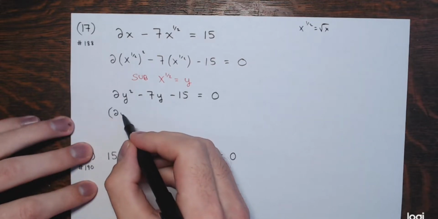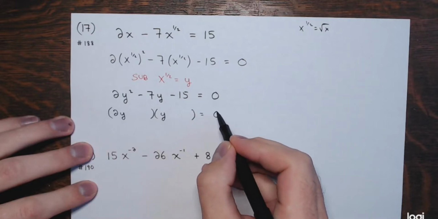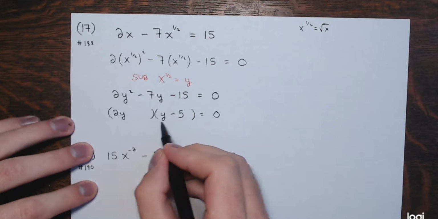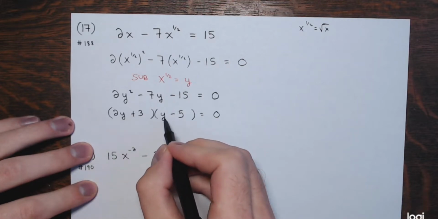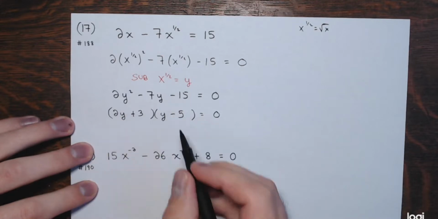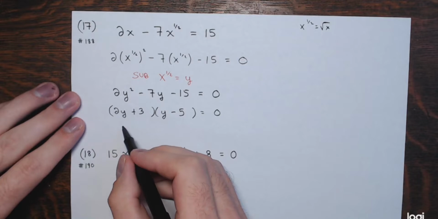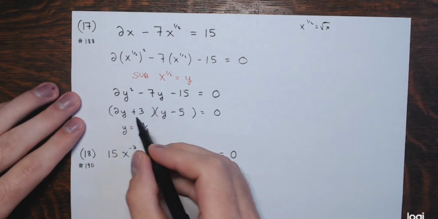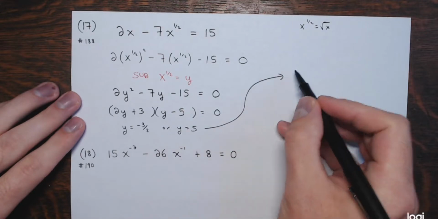We have 2y and y, and I would need a minus 5 over here for the minus 10y, plus 3 here for plus 3y to make minus 7y, and then 3 times negative 5 is negative 15. So I factored that correctly. And y equals negative 3/2, or y equals 5.